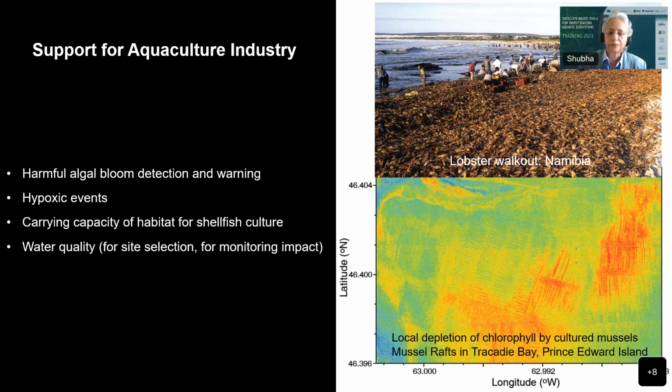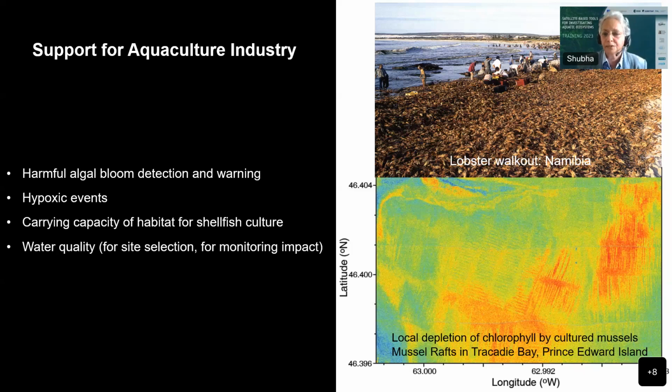And in case you don't know, these are events where the oxygen levels in the water go down to such an extent that the animals find it difficult to survive and you can have mass mortality. You can use remote sensing to study the carrying capacity of a habitat.